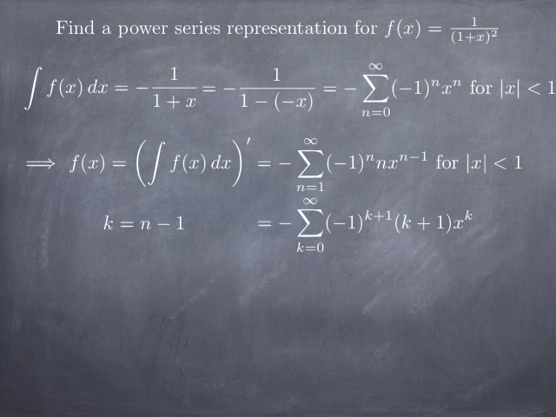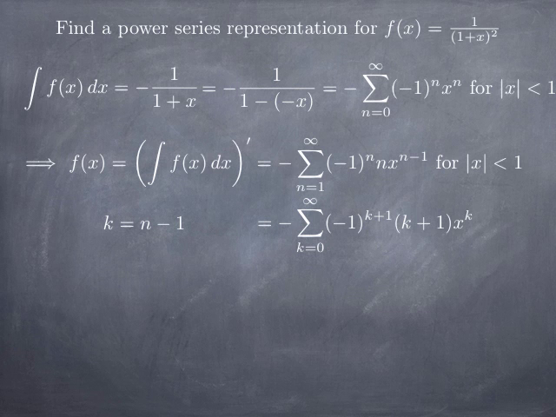When n goes to infinity, so does k, of course. n is really k plus 1, so -1 to the n is -1 to the k plus 1. n is k plus 1, and n minus 1 is k. So we rewrite this series in that form in terms of the index k.